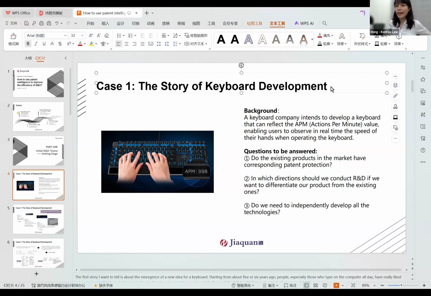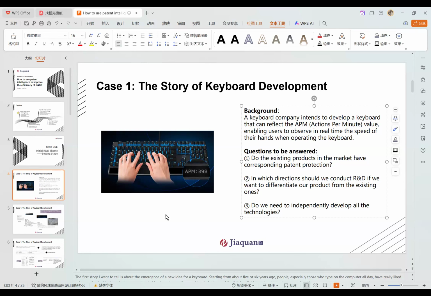Okay, so to what extent can the backward and forward citation analysis help us evaluate the maturity of specific R&D paths within the APM keyboard technology?